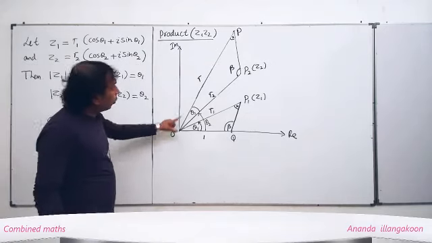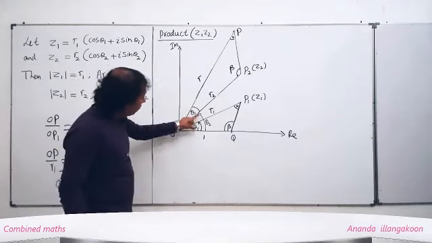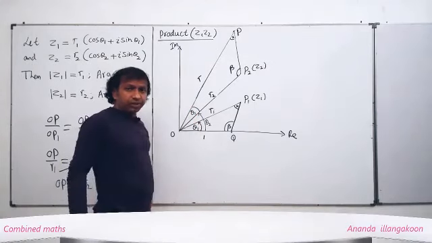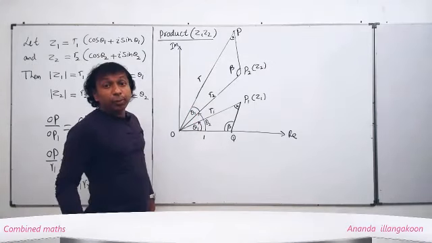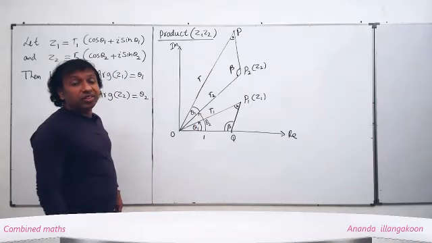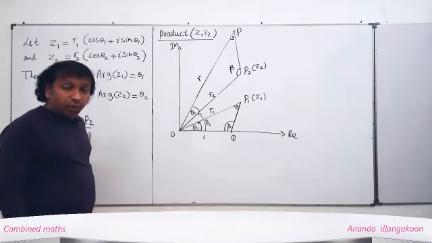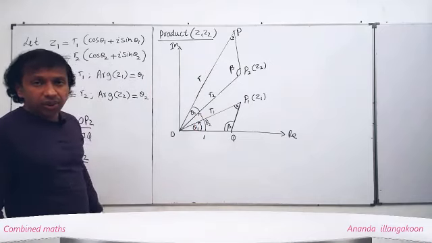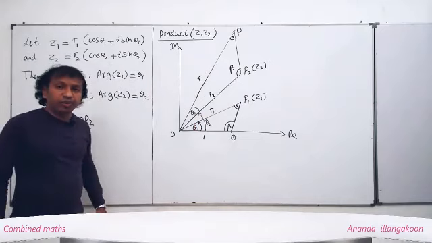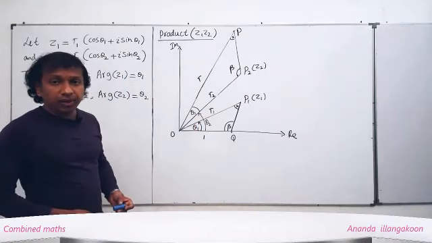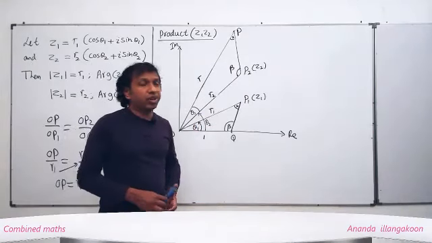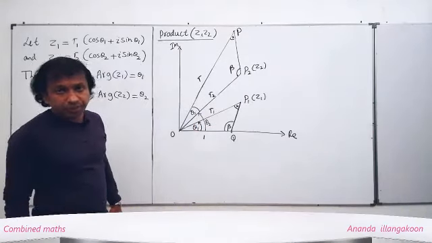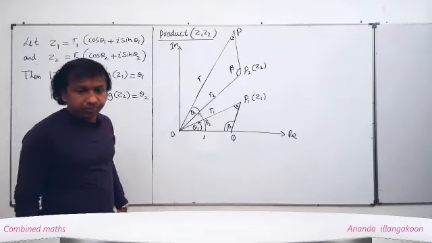And that line segment OP makes the whole angle θ1 plus θ2. Then definitely the point P should represent the complex number Z1 Z2 product.